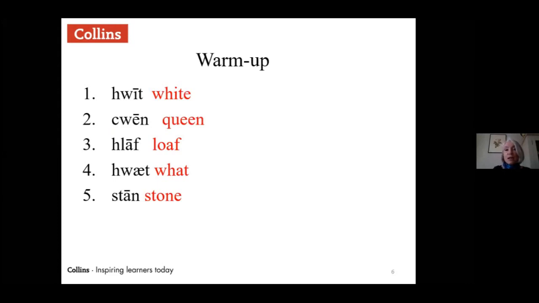The H and the W have swapped around, and we've now got a silent H, and the vowel has changed. The vowel sound has changed. What's happened in quain? What's happened in hlaaf, wait, and stan? Are we getting any answers? Comment in here? I'm looking for the answers, just waiting.